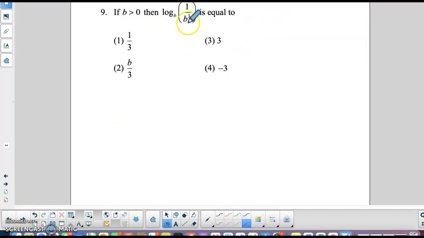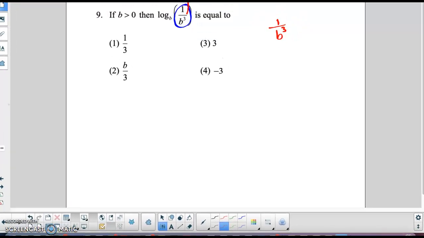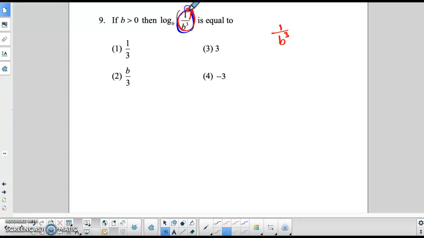Okay, so question 9. Once again, if you see the fraction, you know you can actually write it as the negative exponent. This one, you can write it as b to the negative 3. Alright, so here, let's just copy down b to the negative 3. Now, there's a couple ways to do that.